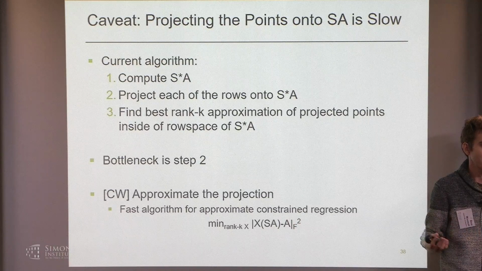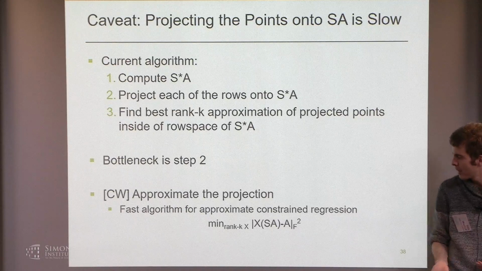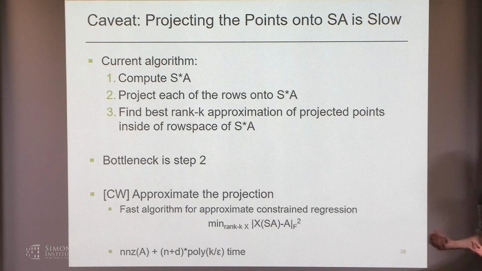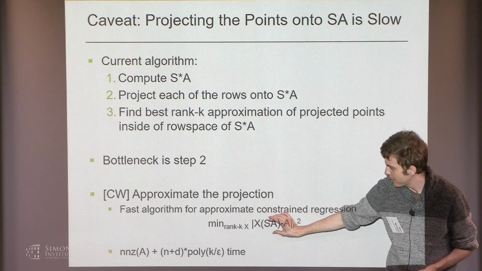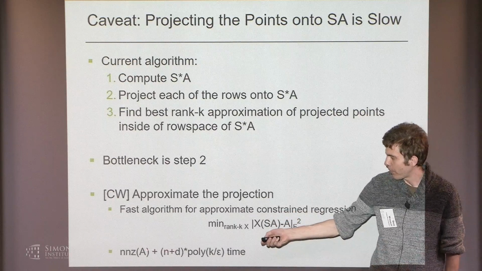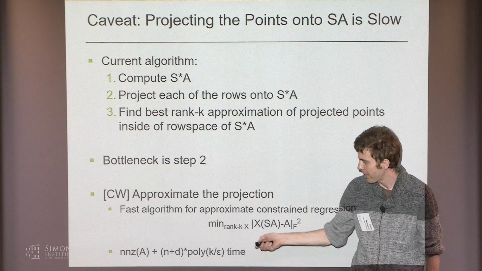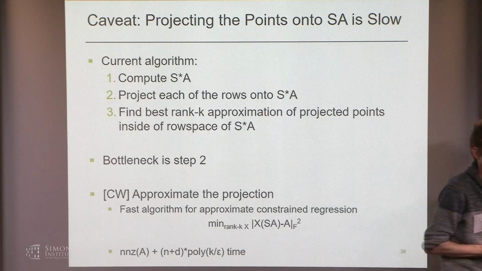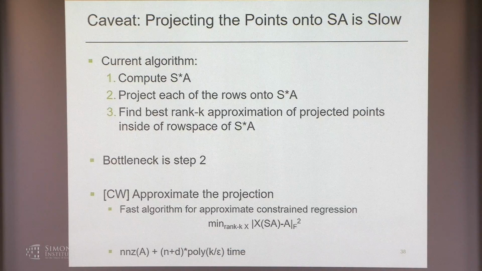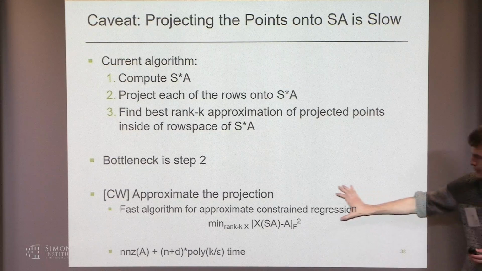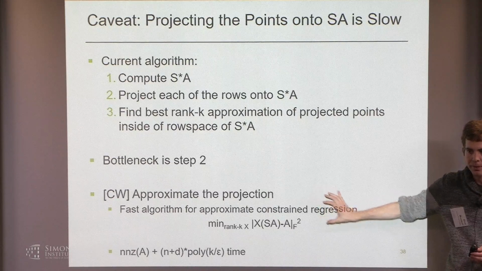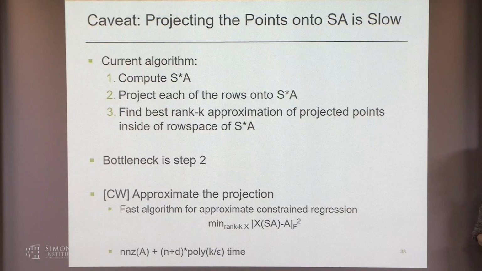It's now poly k over epsilon. So it's additional sketching. If you put it all together, skipping the details of this step, then you get overall nnz of A plus (n plus d) poly k over epsilon time. So really this is just using techniques from earlier in the talk based on least squares regression.